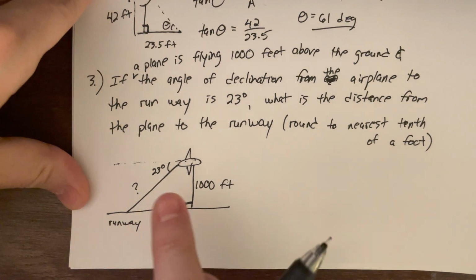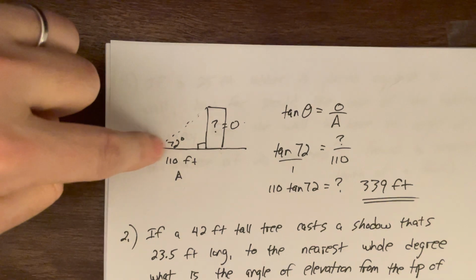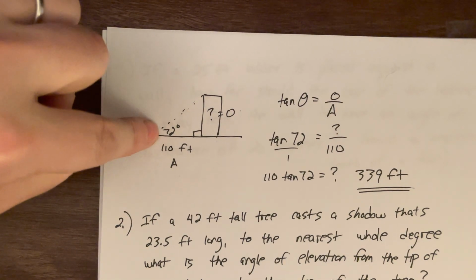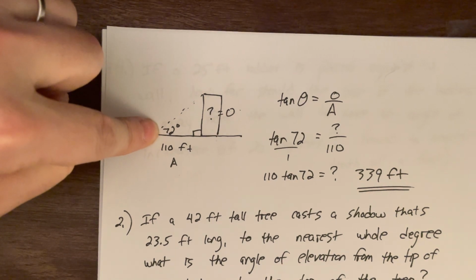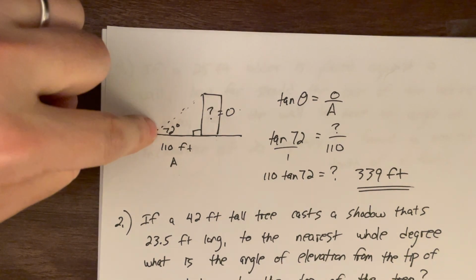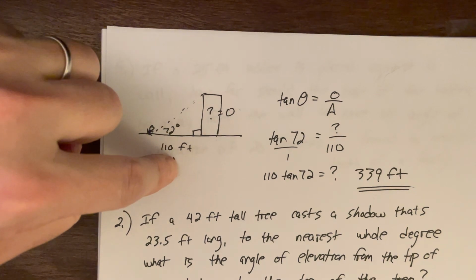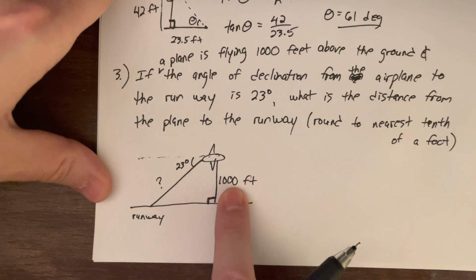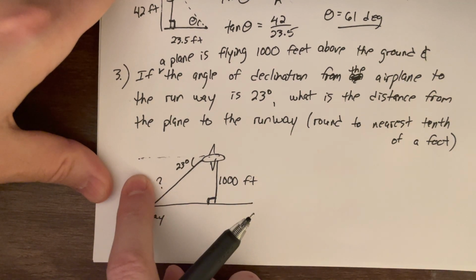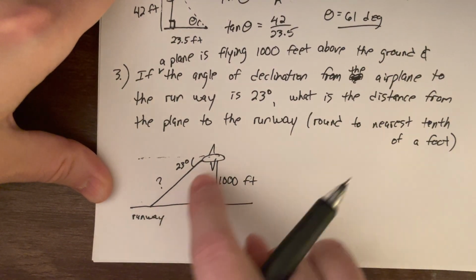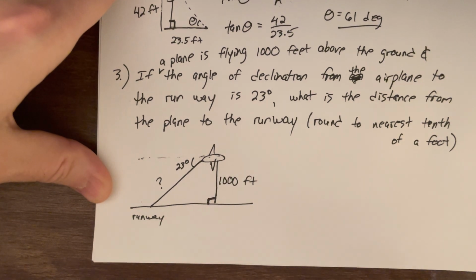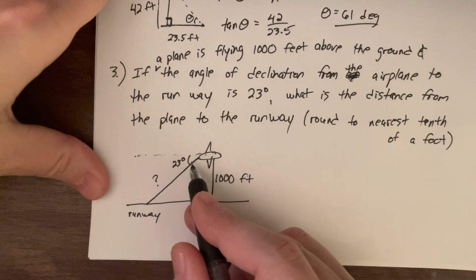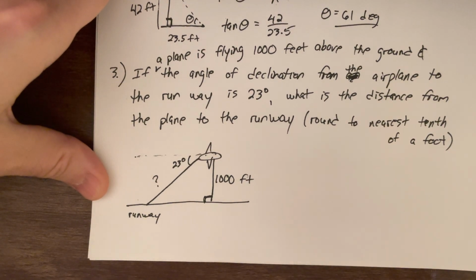Because the issue with problem number 3 compared to problem number 1 is that there, when we naturally took the angle given in the problem, it was already inside the right triangle. So inside the triangle, we had an angle, we had one side, we wanted another. But in this problem, we know this side, we want this side, but we don't have any angles inside the triangle. So what do we do from here? Well, there's two possibilities. Some people, this is where a little bit of geometry comes in.